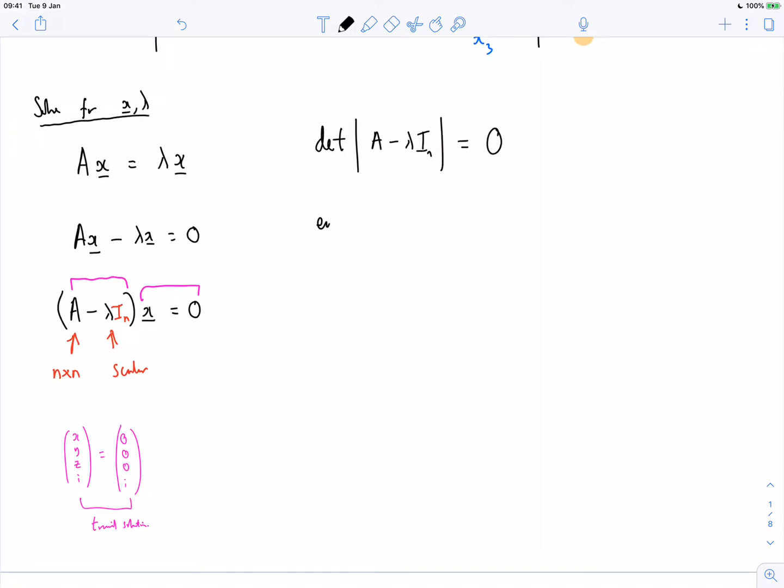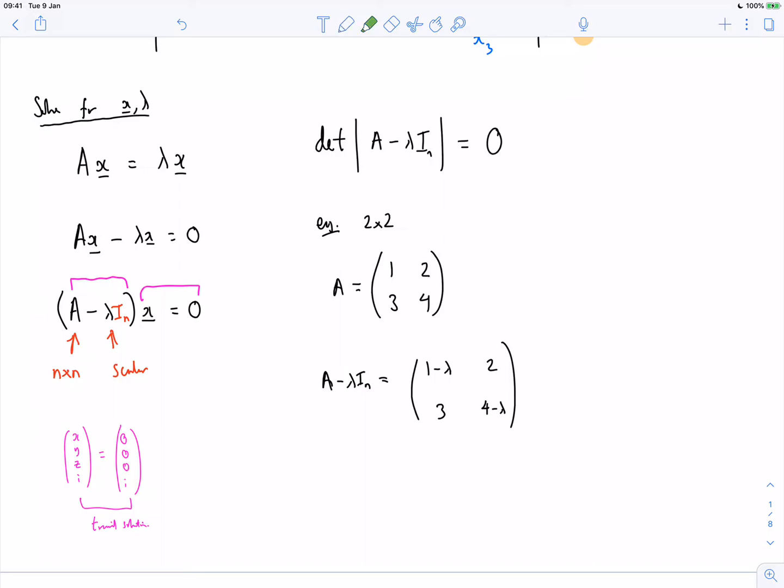If I take an example of a 2 by 2 matrix, then let's say I want to find the eigenvalues of, let's say I've got 1, 2, 3, 4. Okay, and let's call this A. Then A minus lambda I_n will just translate to 1 minus lambda, 2, 3, 4 minus lambda.